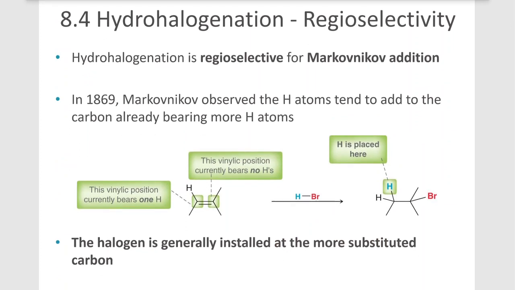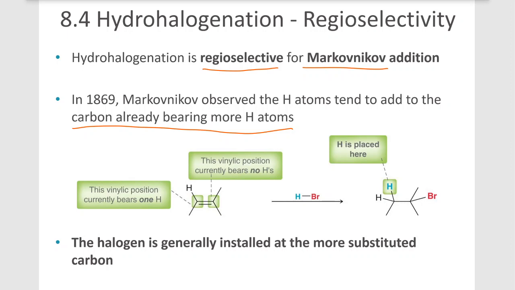It turns out that hydrohalogenation is regioselective, and this regioselectivity is called Markovnikov Addition. So in 1869, this guy named Markovnikov observed that the hydrogens that are adding to these alkenes tend to add to the carbon already bearing more hydrogen atoms, and the bromine or the halogen adds to the carbon that's already bearing more alkyl groups.